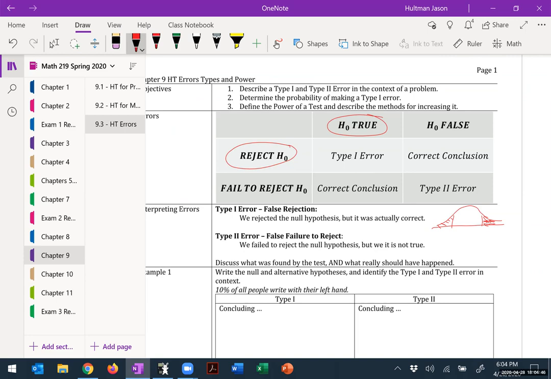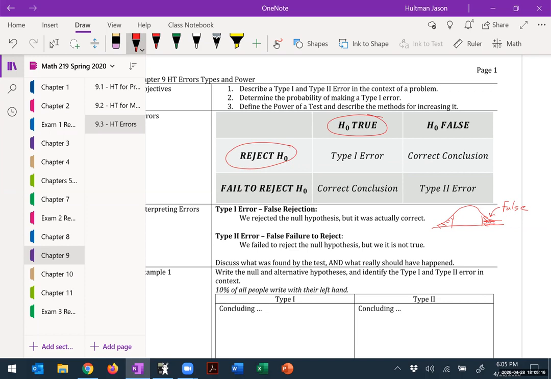I included too much in it, and I accidentally said the null was false when it actually was true. That's the type 1 error: you reject the null when it's actually true, so you falsely rejected it.